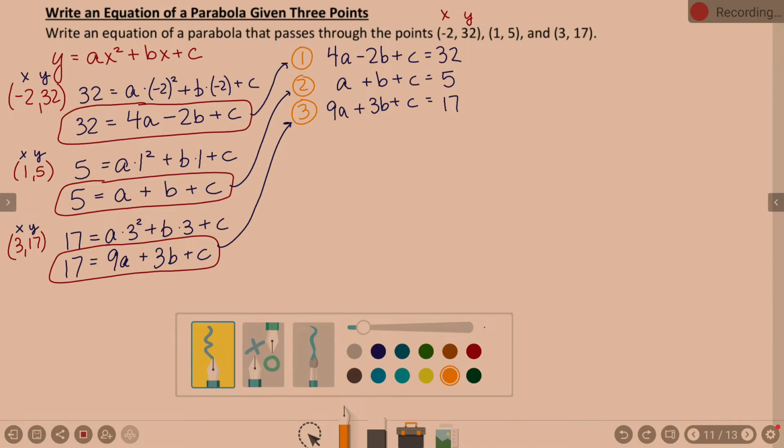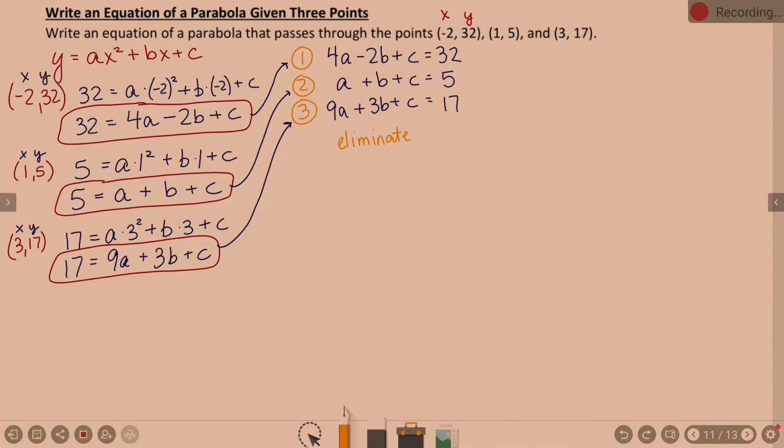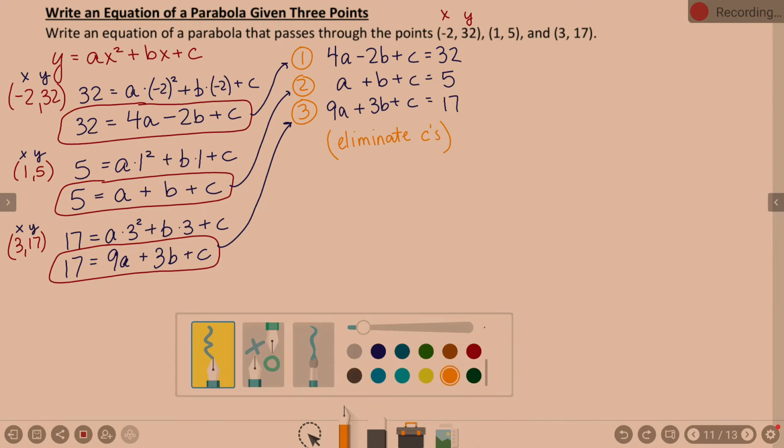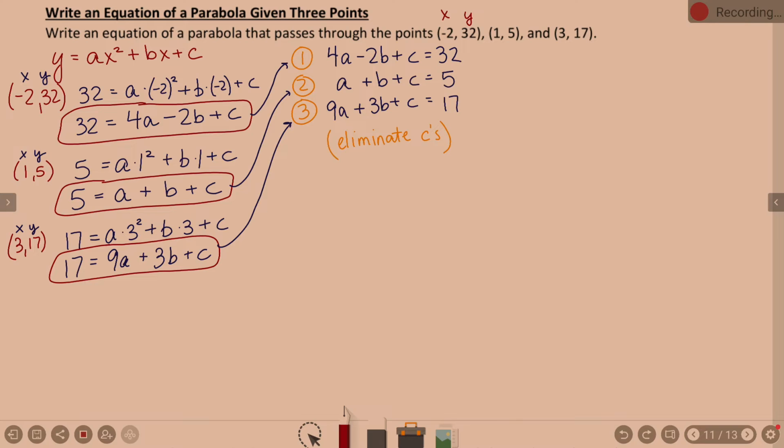Now, when I go to eliminate c's, if you have an equation that is a plus b plus c, I like to use that to my advantage. Because right now they're all plus c, plus c, plus c, yes?